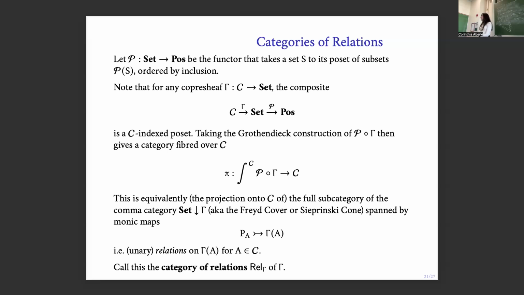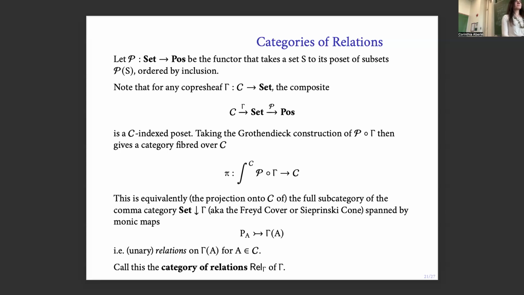I don't know where this enters the construction here, but in the usual logical relations arguments, at least as I understand them, there's a global sections functor into Set, and then you glue along that.